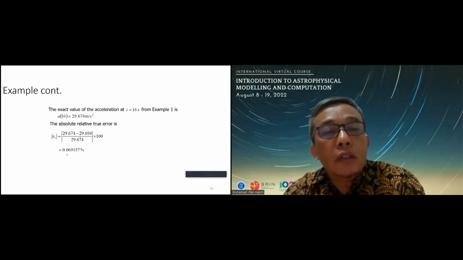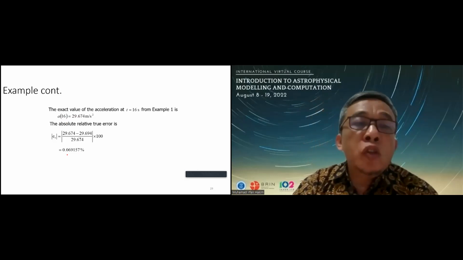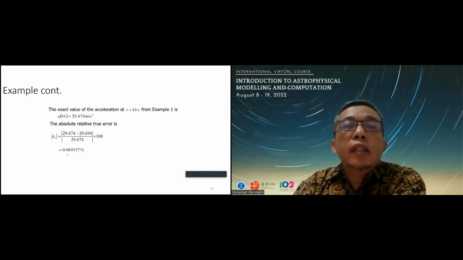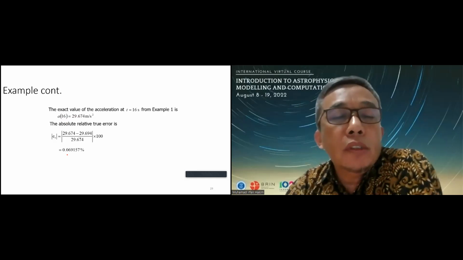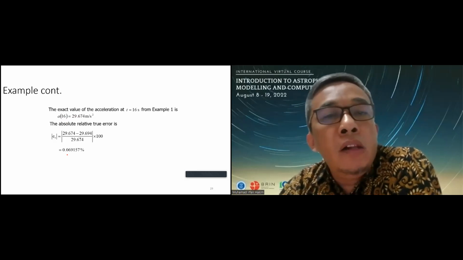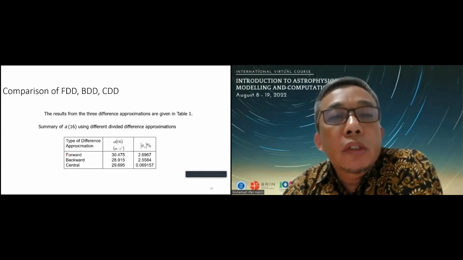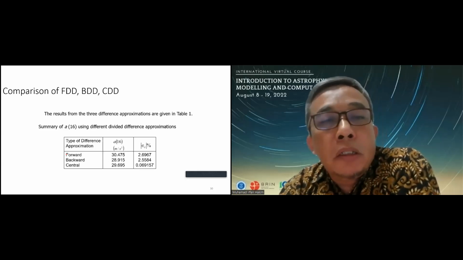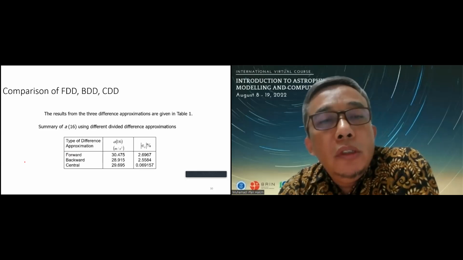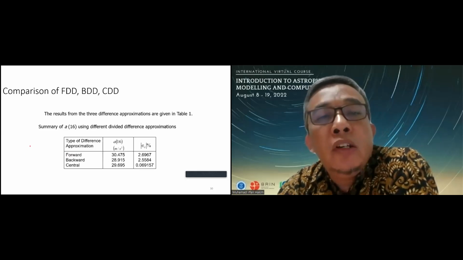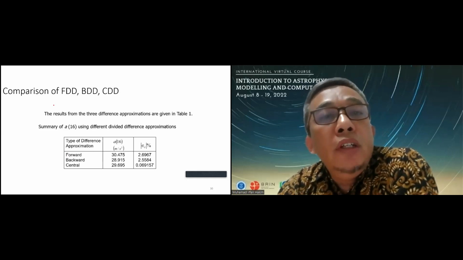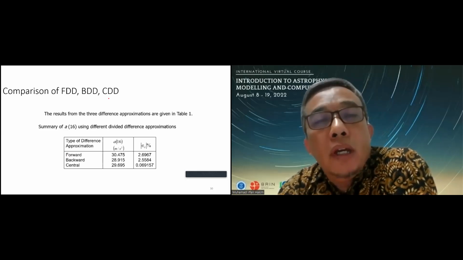We have a very small error, less than 0.5%. This table compares the use of 3 types of difference approximation: FDD or forward divided difference, backward, and central difference.